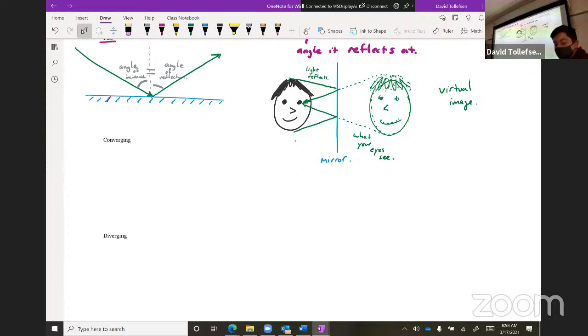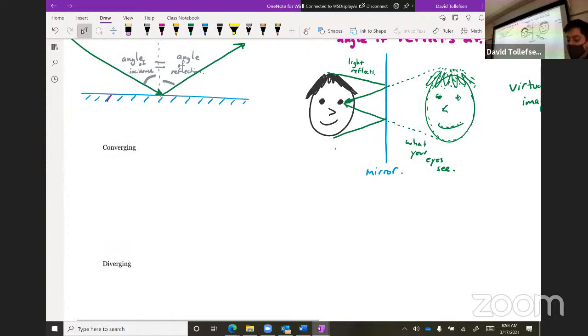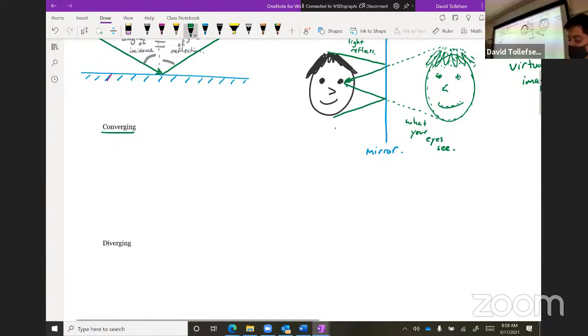You can have a converging mirror, and a converging mirror is also known as a concave mirror, and that's when the mirror bends inward. So it's kind of like you're entering a cave.